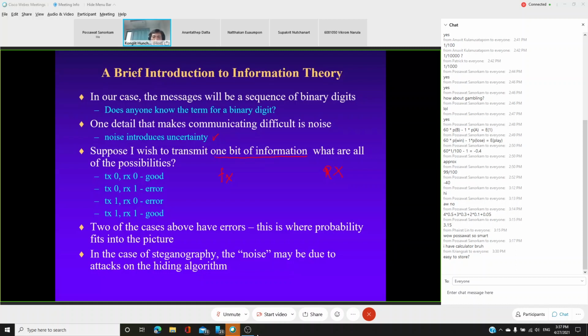So if we transmit a 0 and we receive 0, that's called good. Okay. If we transmit a 0 and at the receiver we receive it as 1, that's called an error. Okay. And this is also an error. This is also good.